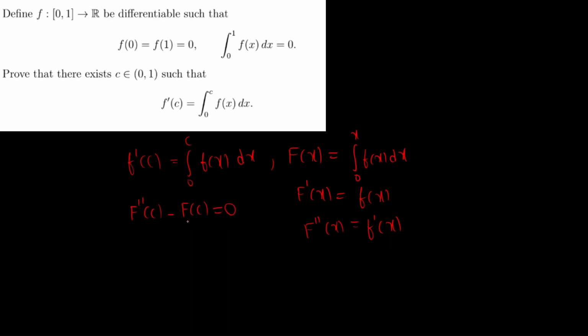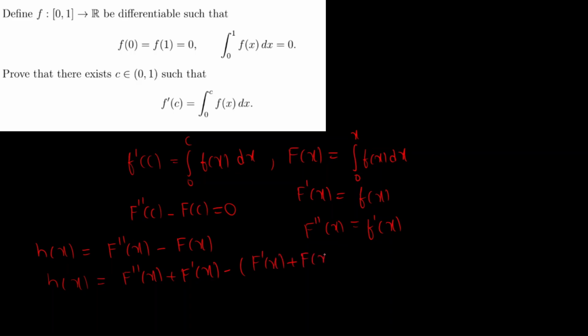Now you can see what function we are going to define. Let h of x is equal to F double dash of x minus F of x. Now again what I'll do is I'll add and subtract an F dash of x: F double dash of x plus F dash of x minus F dash of x plus F of x.